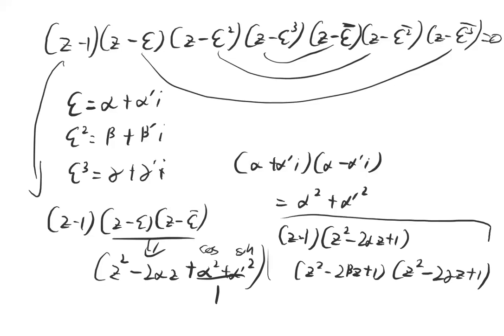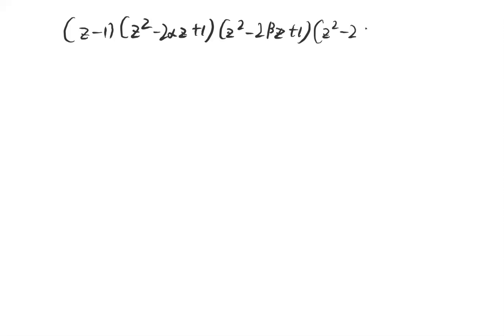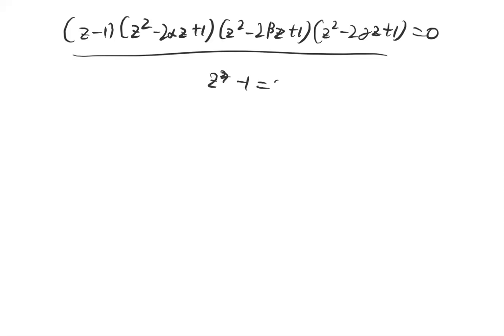And how do we proceed with this expression? If you remember, we have this expression. And remember the original equation for this function is z to the power of 7 minus 1 equals 0.